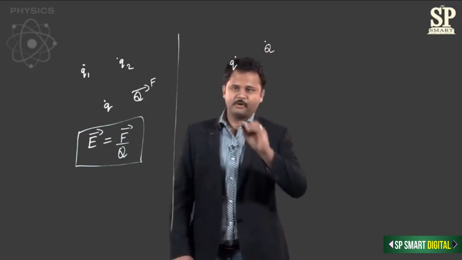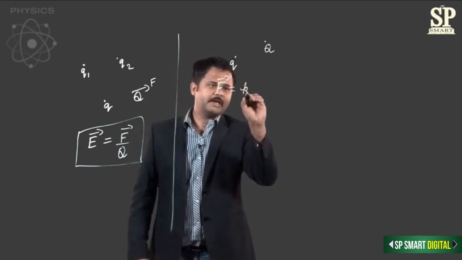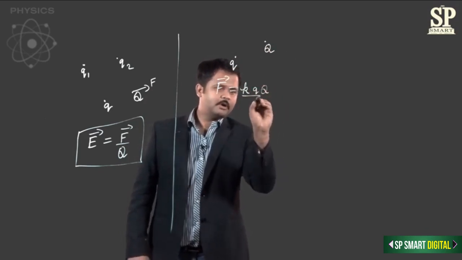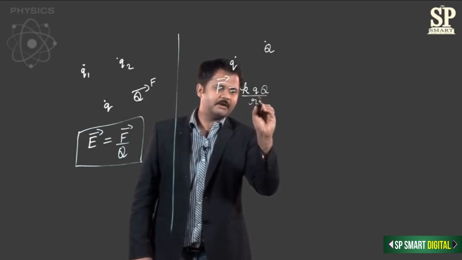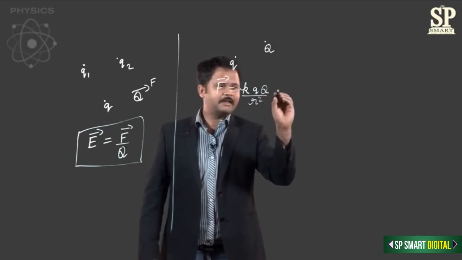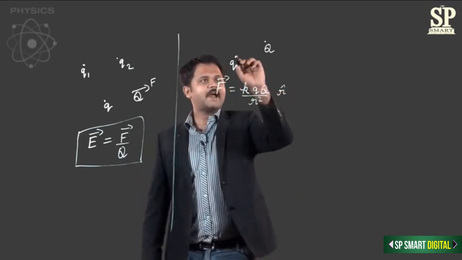The expression for force becomes F equals k times q times capital Q upon, let's say the separation is r, then we have r square. This is the magnitude of the force, and then if you want to find out the direction, you will write an r hat here, where r hat is this vector.